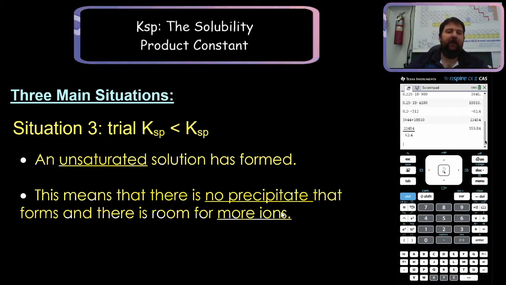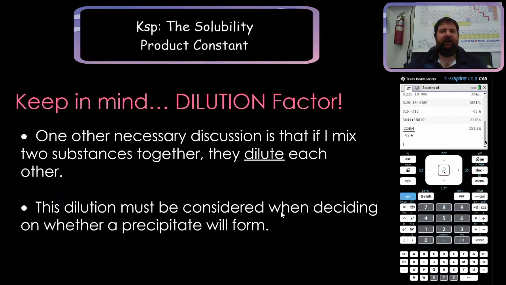All right, so let's go through actually using this now. But before we do, keep in mind dilution factors. If I am taking 200 milliliters from this beaker of salt water and 300 milliliters from this beaker of sugar water, and I'm pouring them both into a larger beaker, I now have 500 total milliliters.